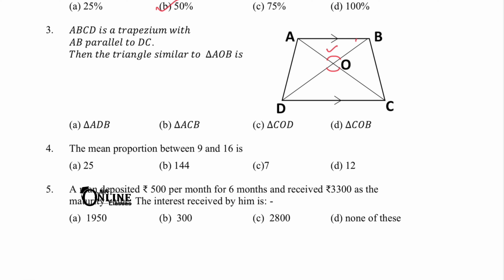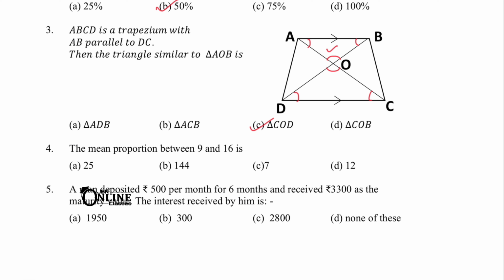Next, this angle will be equal to this one because AB is parallel to DC, then definitely BD is the transversal, and those are alternate angles. As well, you can also write this angle is equal to this one. It's also alternate angles. So as three angles are equal, that means triangle AOB is similar to triangle COD or DOC.